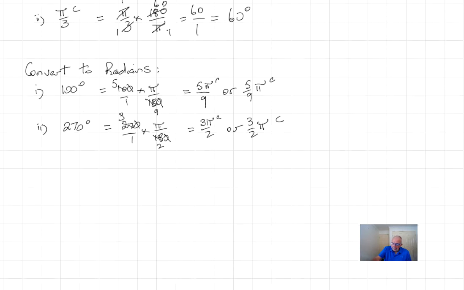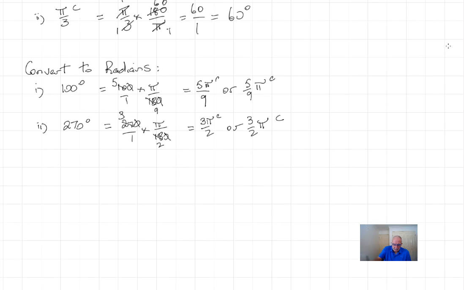Be very fluent at those, practice them a lot. There are some equivalents you should know, in degrees and radians.